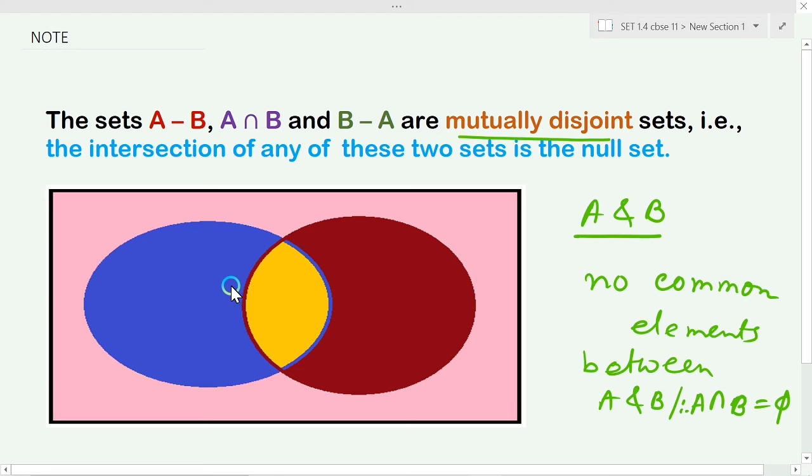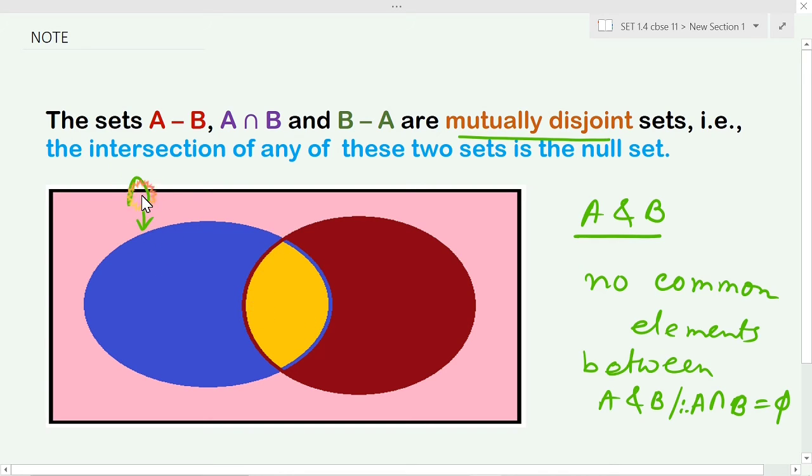Now look at the picture. The yellow region is the common area. That is, the yellow region represents intersection.